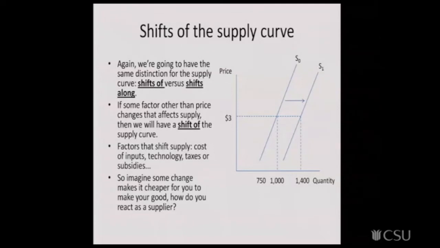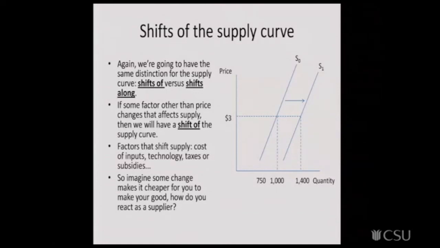So again, ceteris paribus. Ceteris paribus means only price changes. So when we're moving along the supply curve, say S0, what we're thinking is how much the supplier is willing to supply in this market if nothing other than the price of this widget or whatever it is that they're selling changes. And that's what the supply curve tells you.